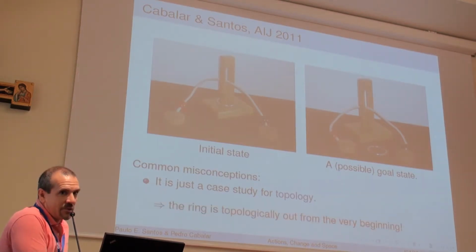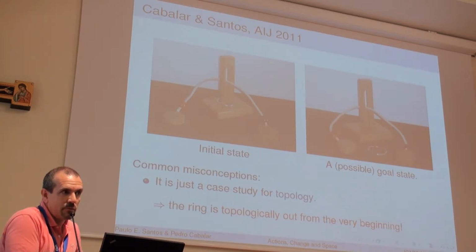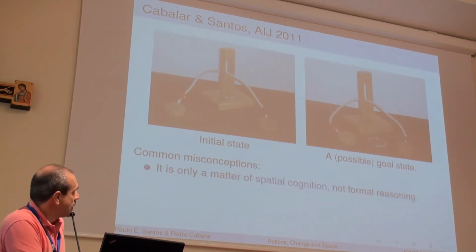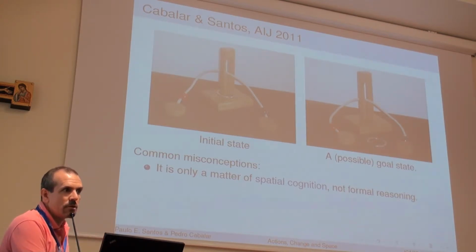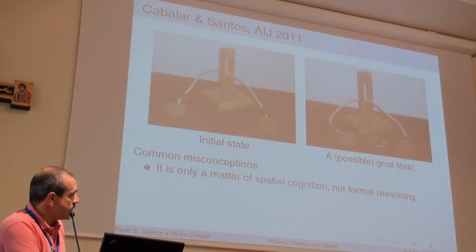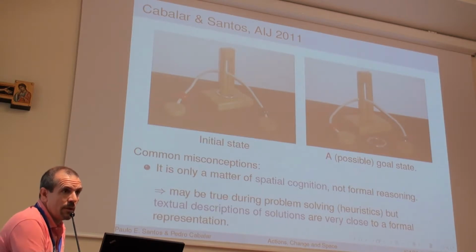Because you can stretch things as much as you want, so you don't have constraints, really. And another typical misconception is that you require some kind of internal spatial condition in your brain, so this is not formal reasoning, but this may be true in the way people solve the puzzle, but it's not true in the way you describe the puzzle solution.